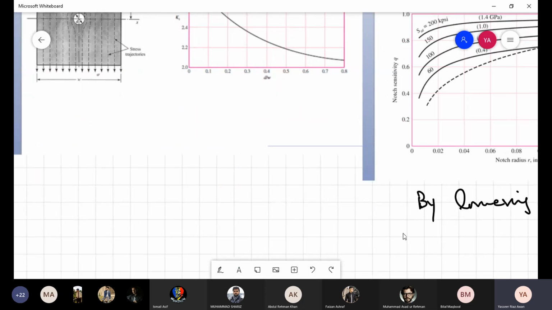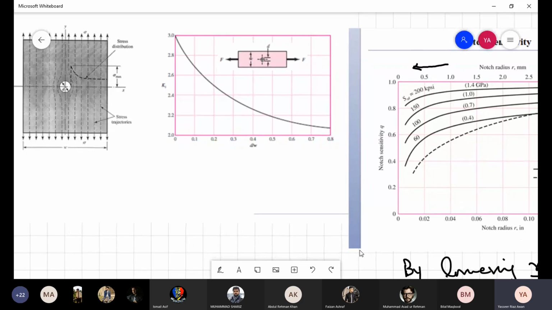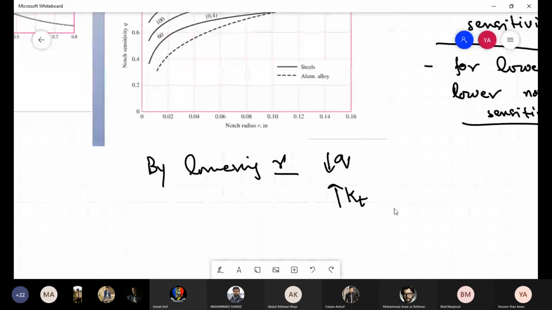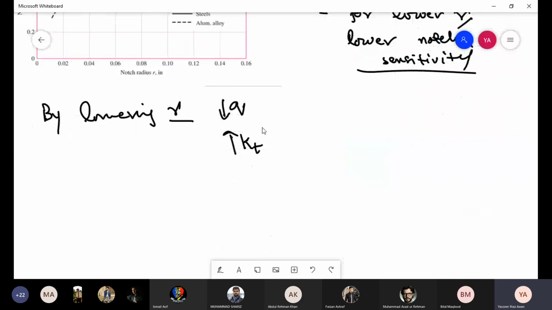For example, in this figure, which is for a hole, you can see that as the ratio reduces, the Kt increases. So by lowering R, you are reducing Q, but you are increasing Kt.